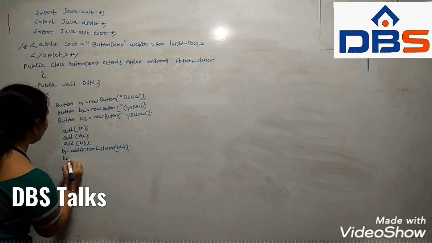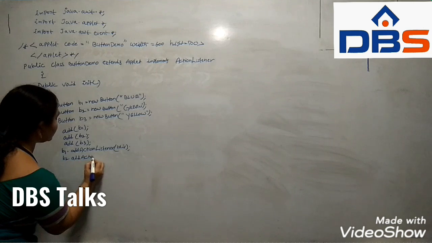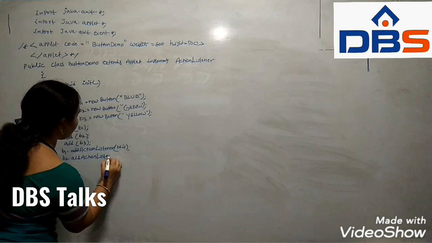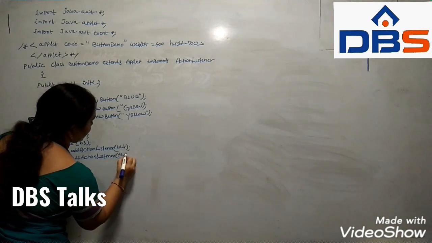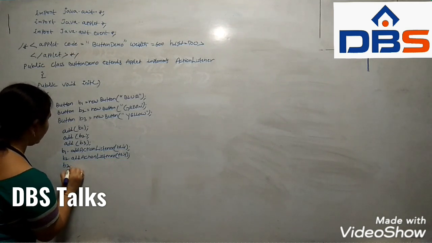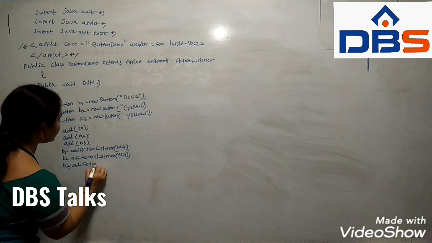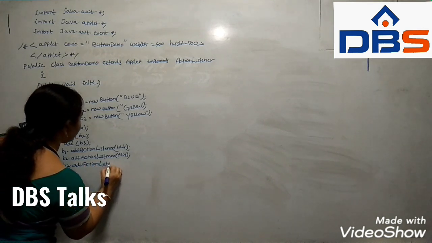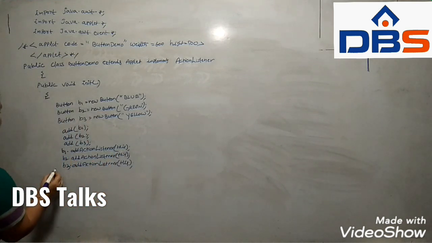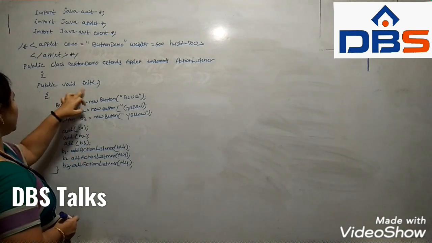Then b2.addActionListener, there is no space between add and ActionListener, this keyword. Then b3.addActionListener, this. Then we close this init method.